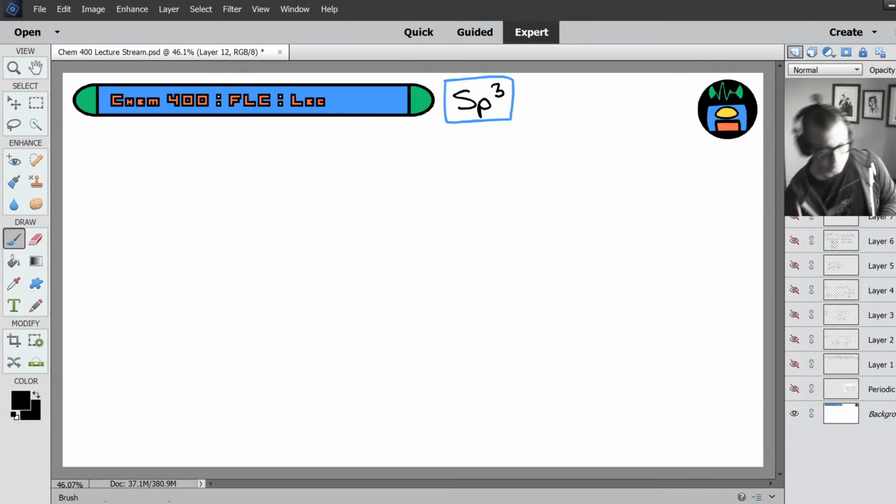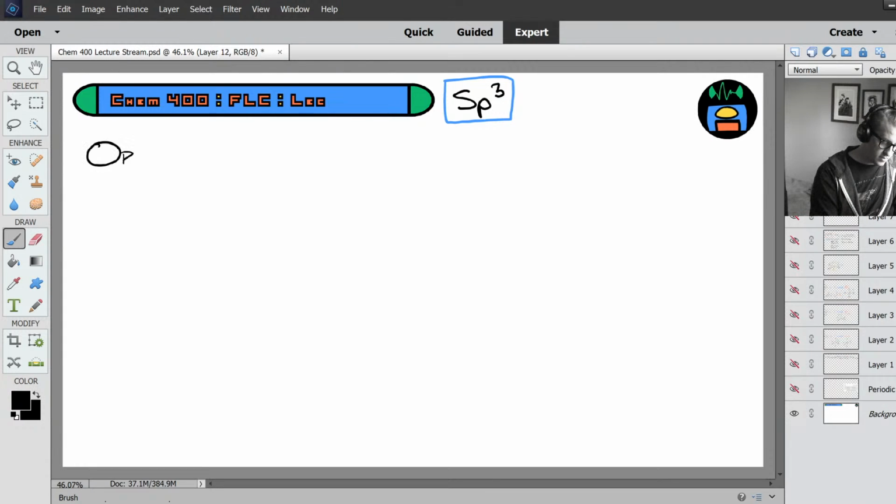All right, so that was the question that chemists and physicists were trying to answer. And here is the answer that they came up with. Now, first, let's remember what an orbital is.